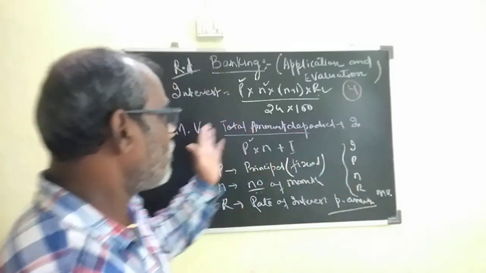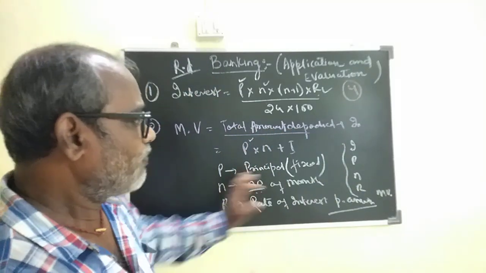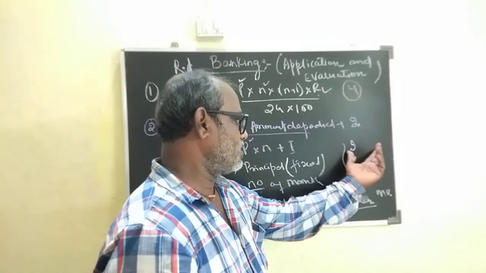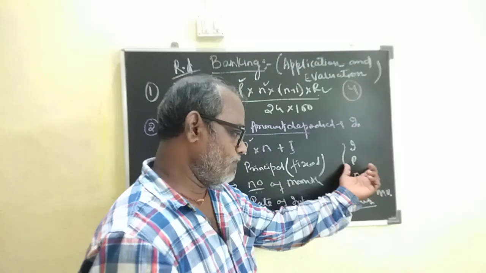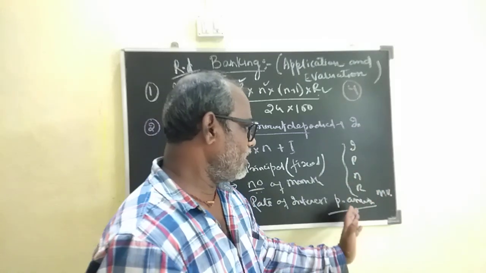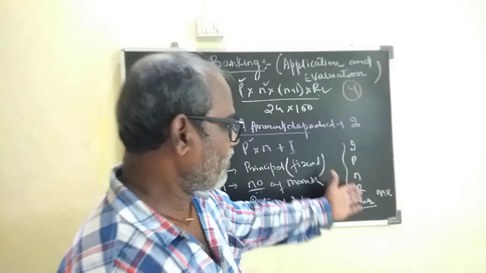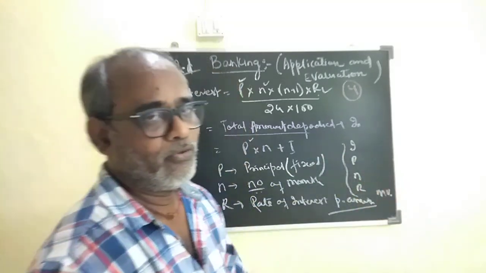So you have to practice 5 different patterns. First is to find the interest when everything else is given, then to find the principal when the rest of the variables are given. So we have to find all these 5 with respect to any 4 given variables.